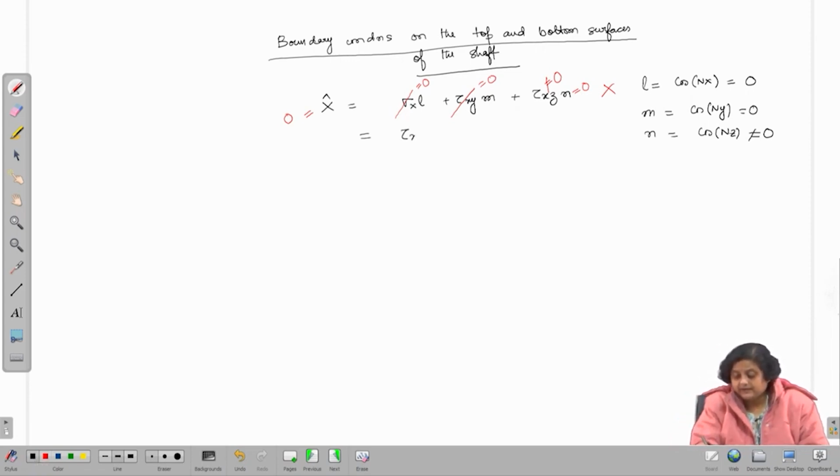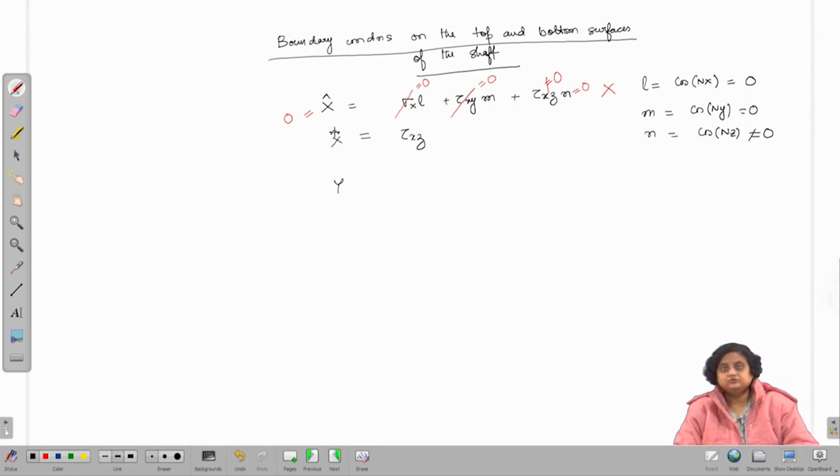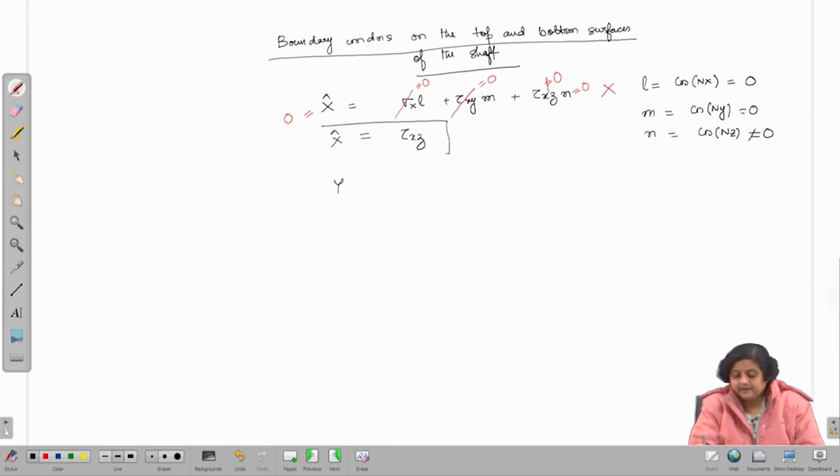We are left with a hanging tau x z. Okay. So, we see that x hat cannot be equal to 0 on the bottom surface or top surface, and x hat has to be equal to this in order to satisfy the boundary condition. So, the force free boundary condition is not satisfied.